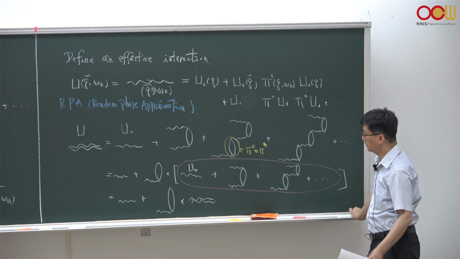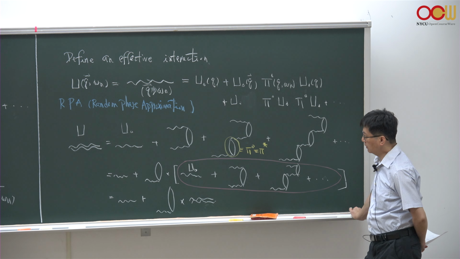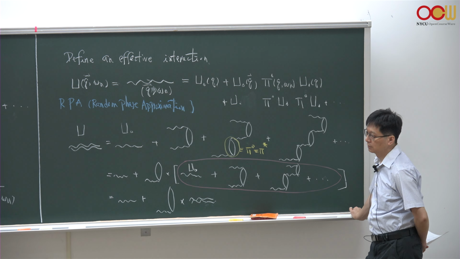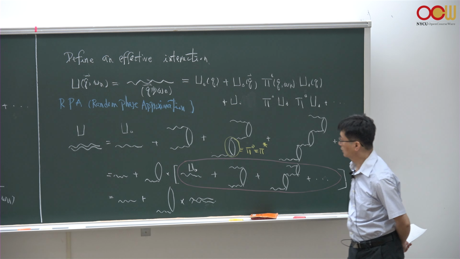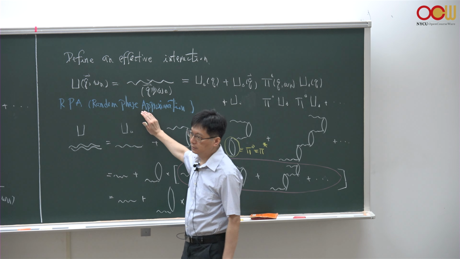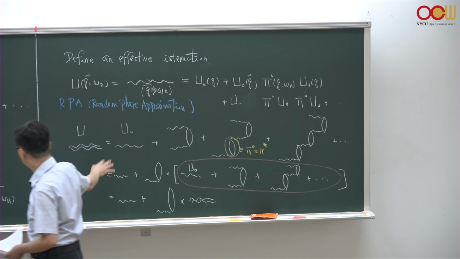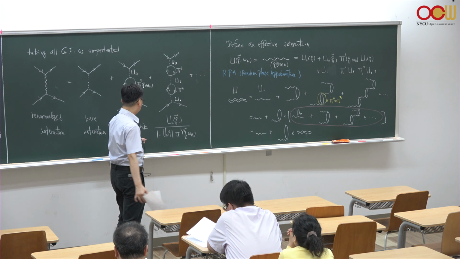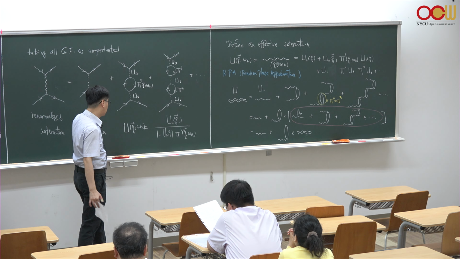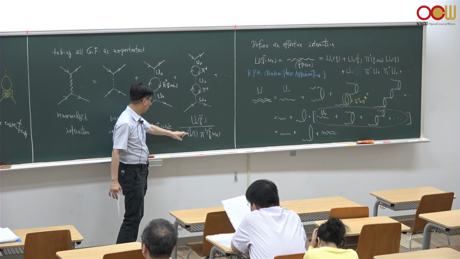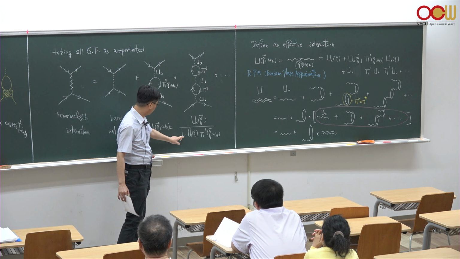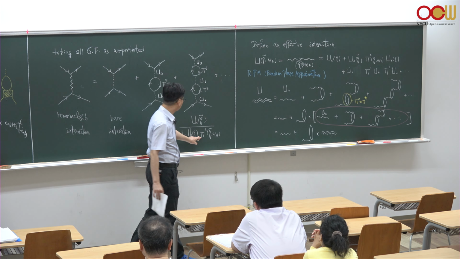But in many, say, Coulomb interacting electron gas systems, which corresponds to many metal compounds, this RPA is good enough. So when you sum over all these ring diagrams, you get this Dyson type of summation, which we have discussed already. So this is U0 divided by 1 minus U0 pi 0.